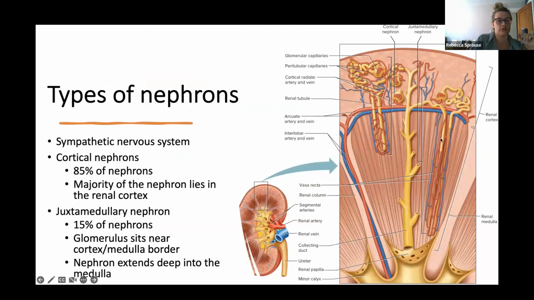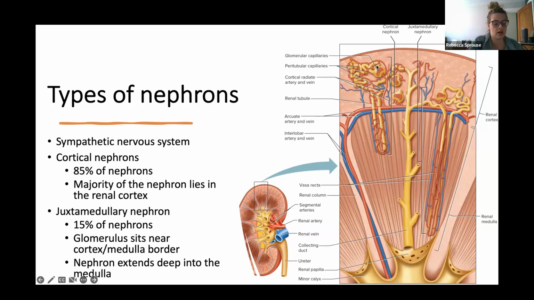Again, I mentioned that there are two types of nephrons. There are cortical nephrons out here, and there are juxtamedullary nephrons here. The nephrons basically work according to the sympathetic nervous system. So nephrons work according to blood pressure, and we're going to talk about blood pressure in the coming slides. But basically how things are filtered is dependent upon the pressure from blood pressure.